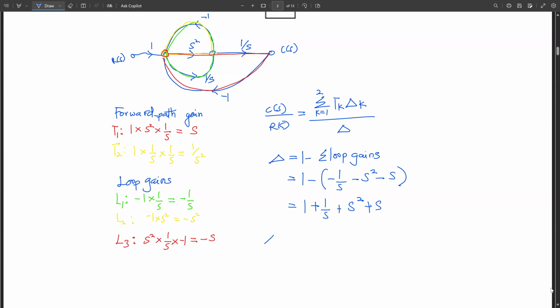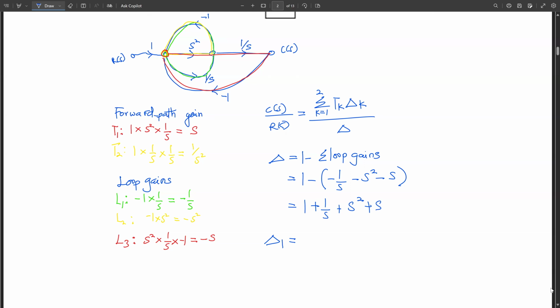So for the first delta sub k, we have to look at the first forward path that we found, which is the straight line from the input to the output. Then look at the loops that have common nodes with that forward path, and if we do find one, we take it out.